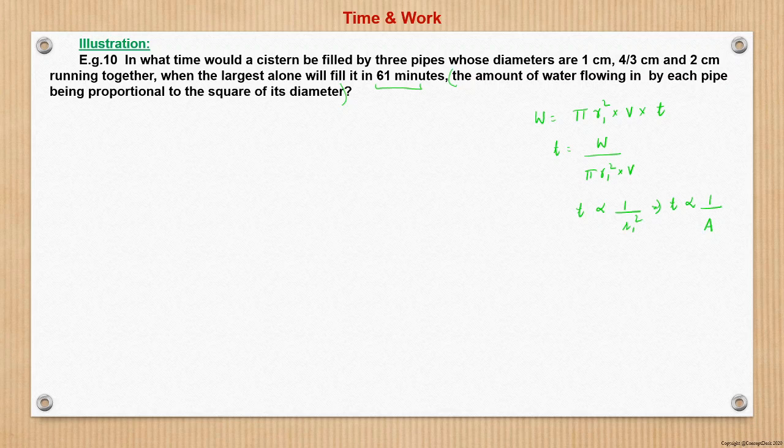From here also we can see T is equal to W upon pi r square into V. So time is inversely proportional to area. So now let us see.